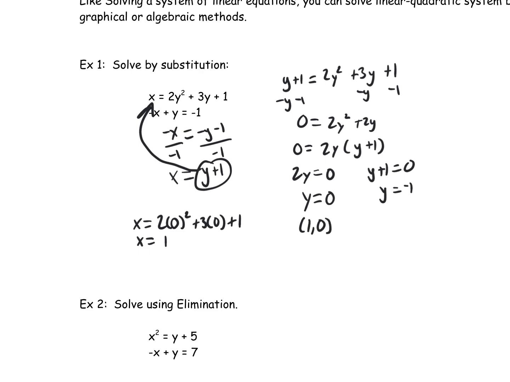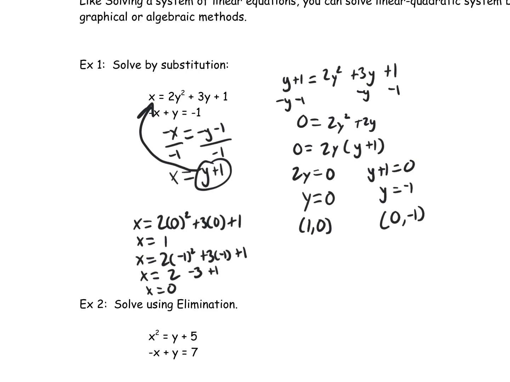And then the other would be x equals 2 times -1 squared plus 3 times -1 plus 1. So -1 squared is 1, 2 times 1 is 2, 3 times -1 is -3. 2 minus 3 is -1, -1 plus 1 is 0. So that one is 0, -1.